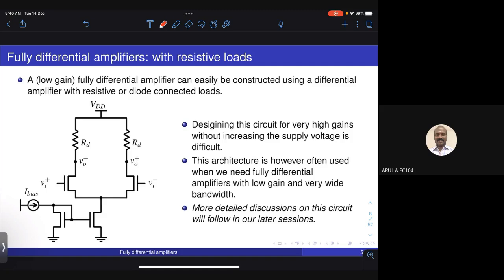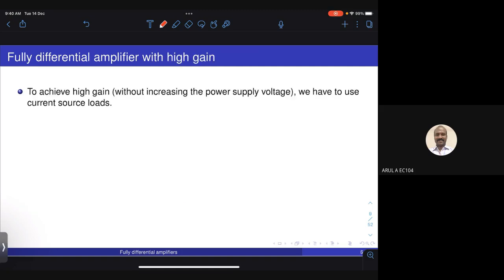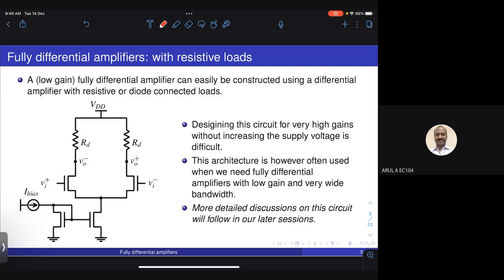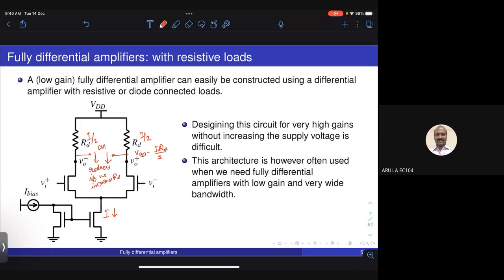But for now, what we are trying to understand is how can we achieve high gain without increasing the power supply voltage. Why did we say increasing the power supply voltage? One of the ways, if you see this output DC voltage here, of maintaining M1 and M2 in saturation while using a fairly large value of RD is to increase the VDD.